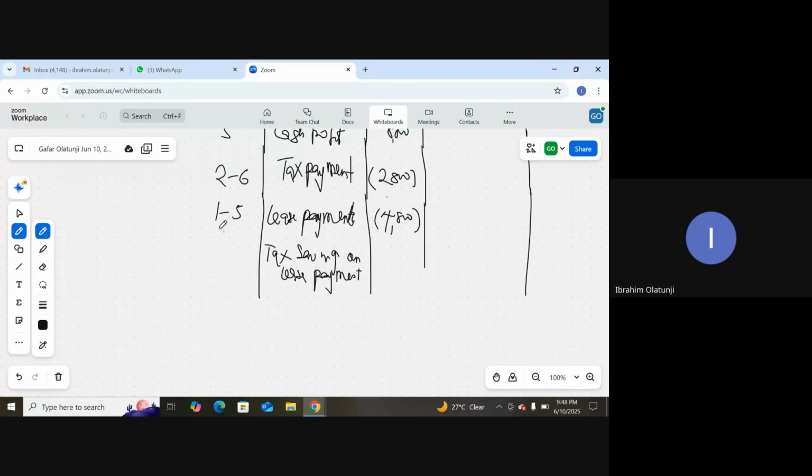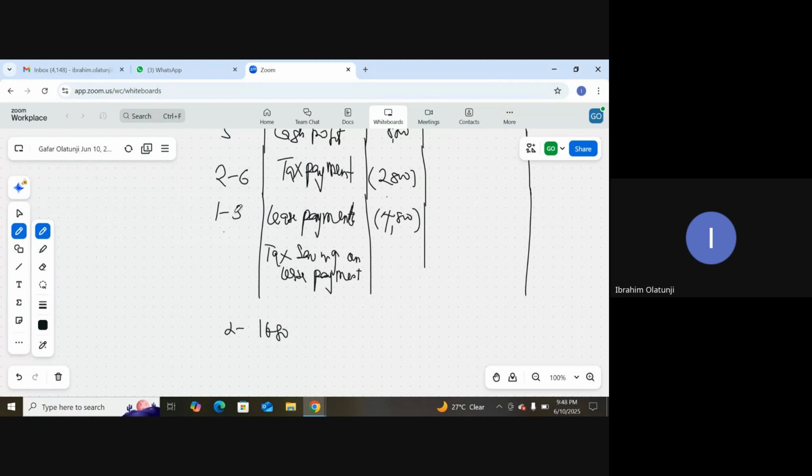Now let's check it. If you charge tax in year 1, they say 1 to 5 years, the tax that you charge in year 1 will be paid in year 2, which is 1,680.